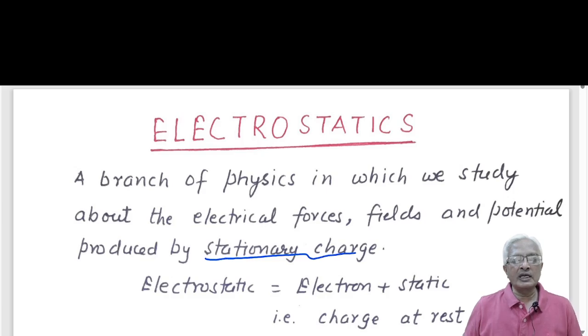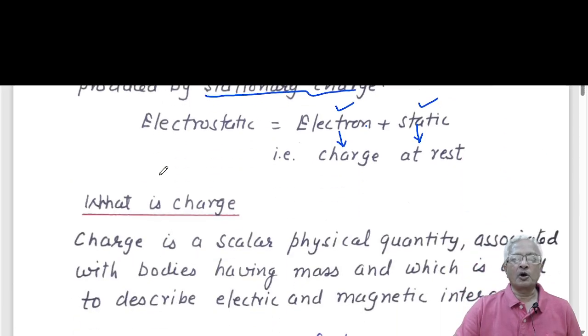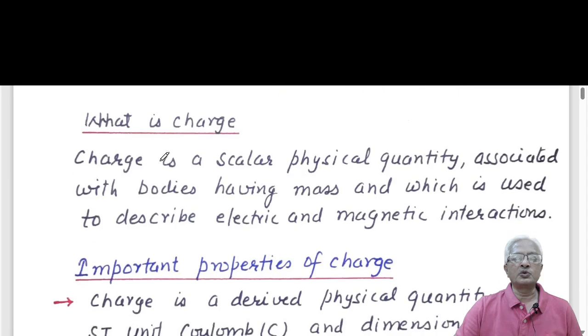Now, the word electrostatic is made up of two parts, electron and static. Electron is a representation of charge, while static means at rest. That is why in electrostatics we study properties related to stationary charges.